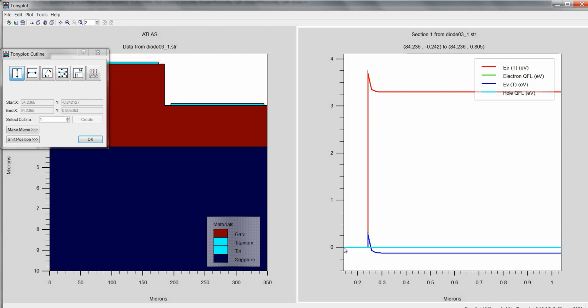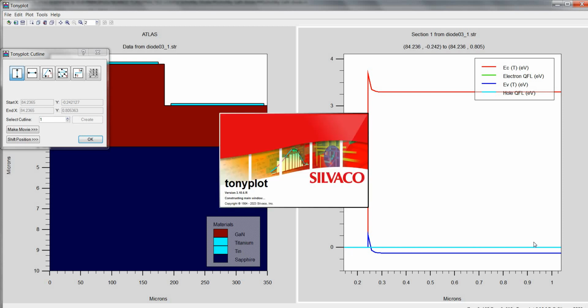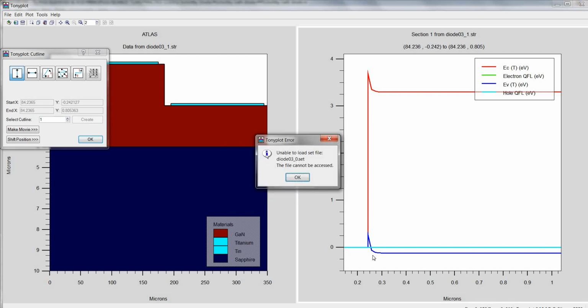And as you can see, this is the constant Fermi energy level under thermal equilibrium. And we can see that there is a really small barrier for carriers to flow from the semiconductor to the metal side. In fact, there is no barrier for holes to move from the semiconductor to the metal side. So this structure will show a non-rectifying behavior.